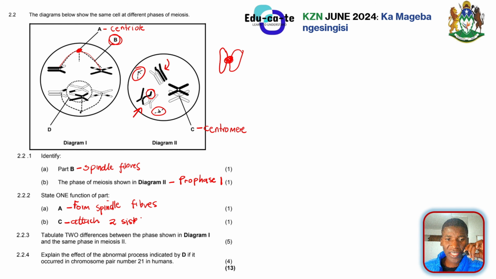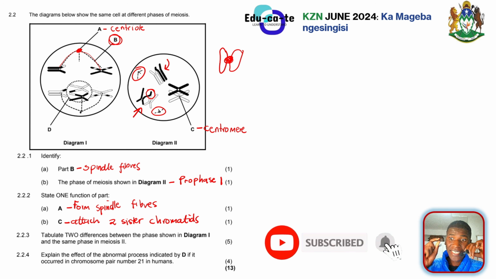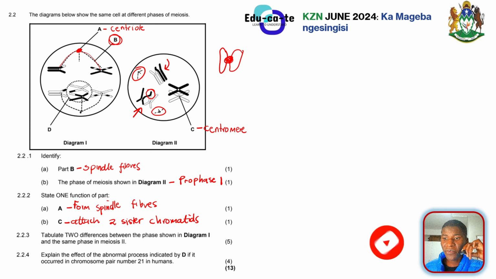The best way to say it is sister chromatids, because when you say that they are sister chromatids, it just means that these are two chromatids and they are attached by a centromere to form a chromosome. Specifically we say it's known as a replicated chromosome. So here, this is a chromatid, this is also a chromatid, they are attached by the centromere. That's its main function.